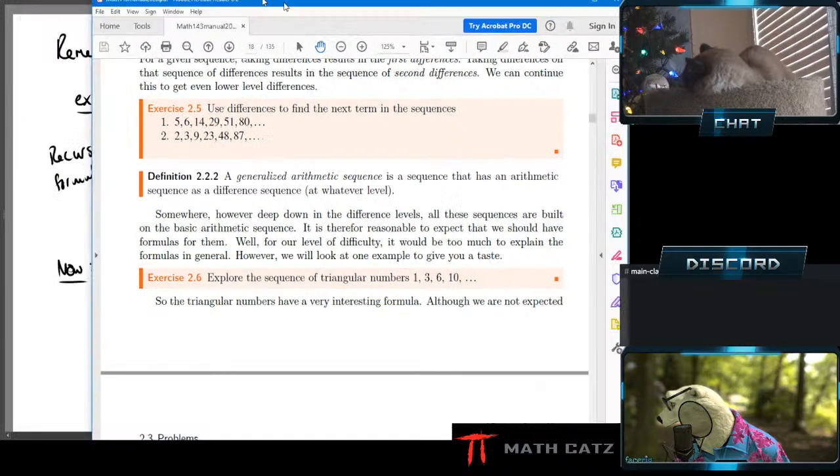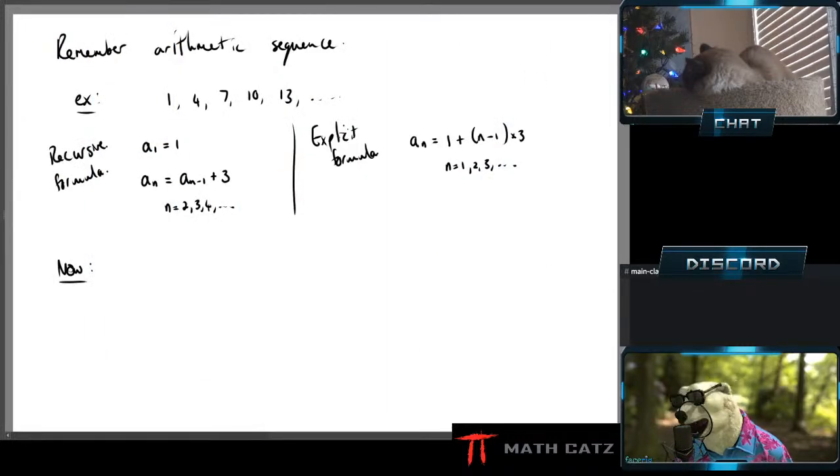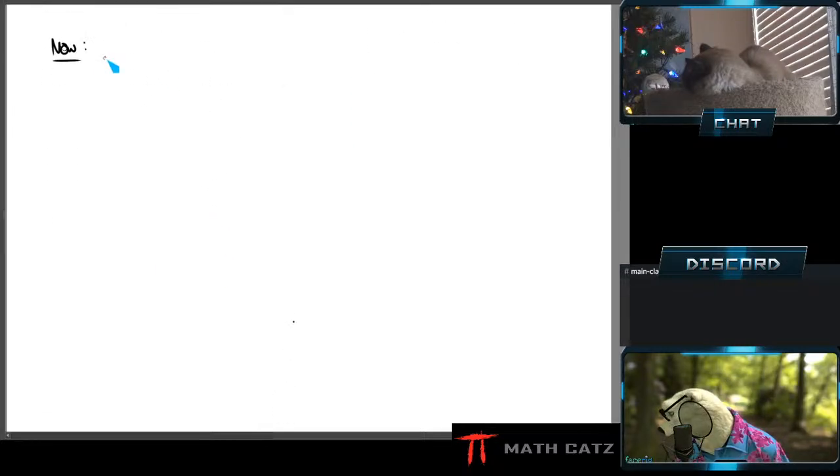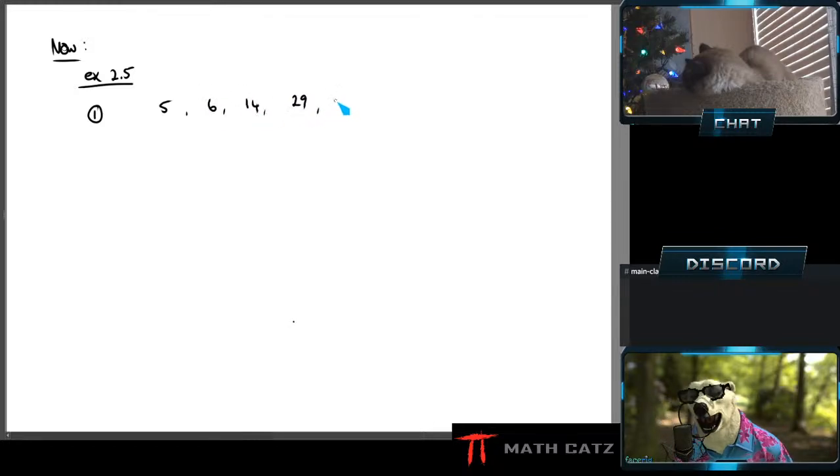Exercise 2.5, number 1. The sequence is 5, 6, 14, 29, 51, 80, and so on.